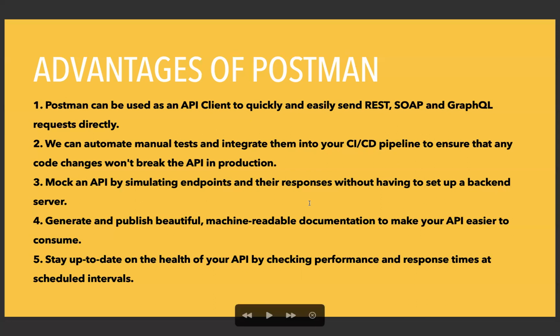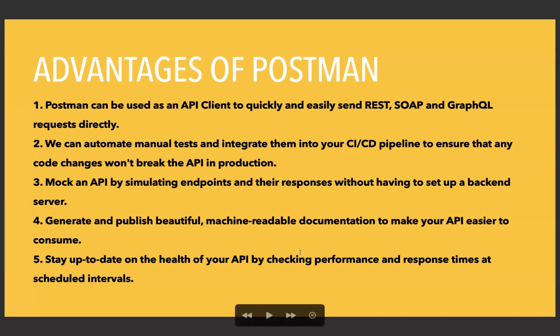Another thing is that we can also produce documentation directly through Postman. So we can have a collection of APIs, and Postman gives us a feature to create documentation for them directly, so that we can provide it to the client or any other person who may be requiring it, right?